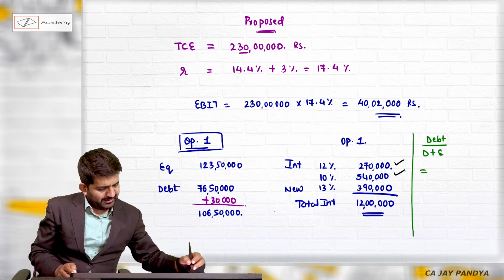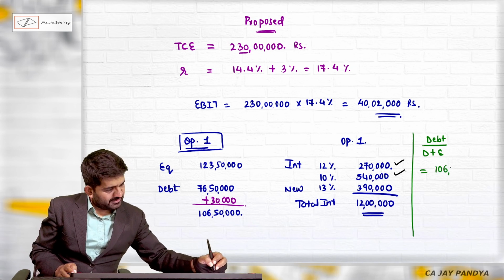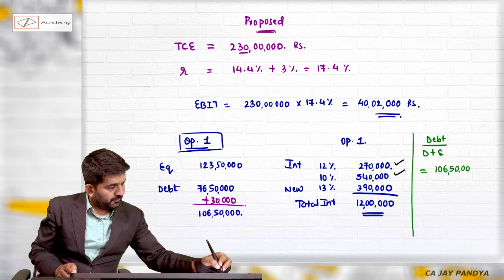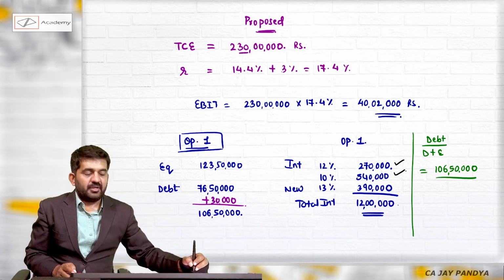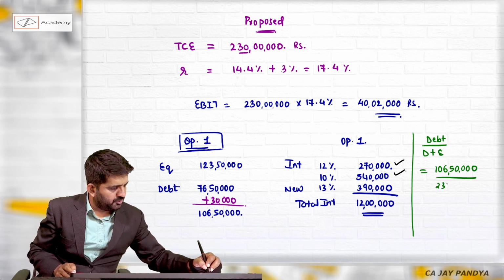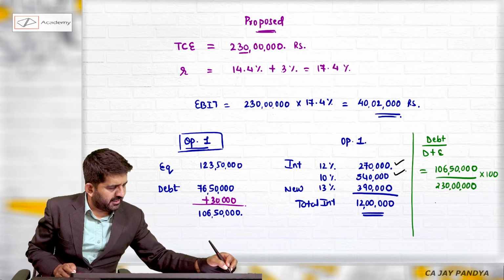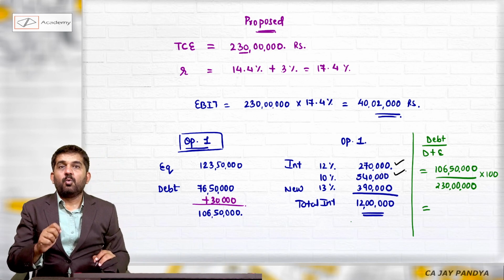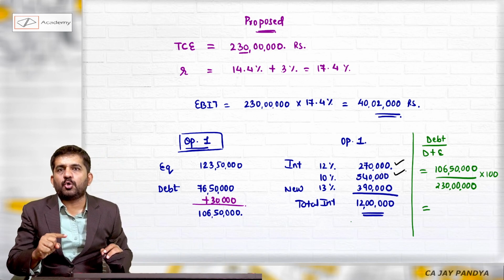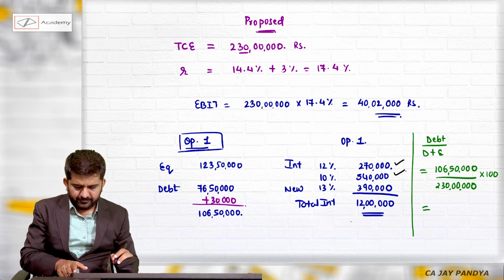My debt is 1 crore 6 lakh 50,000, divided by debt plus equity, which is the total capital employed, 2 crore 30 lakhs. So in percentage terms, what is the debt proportion in total capital employed? That is what they mean to say.